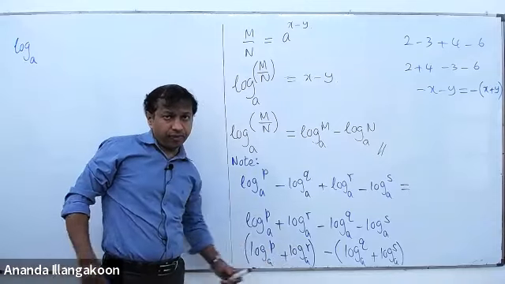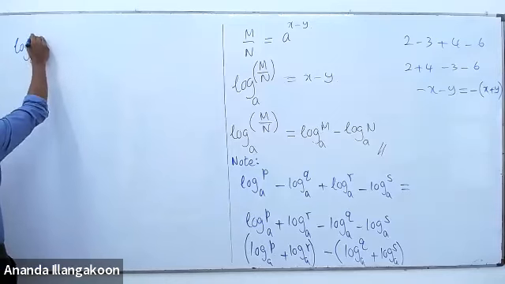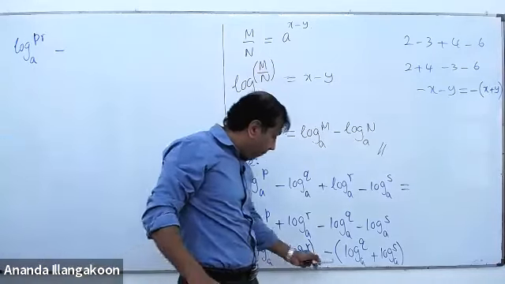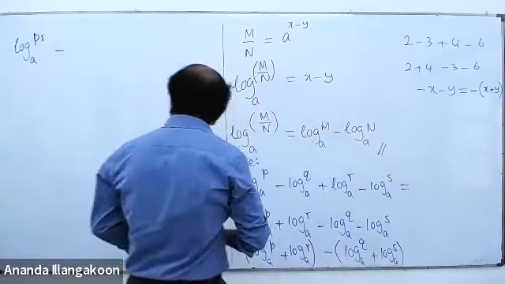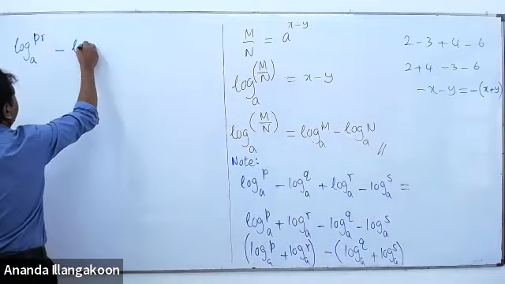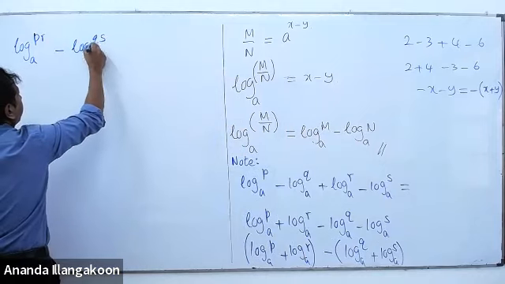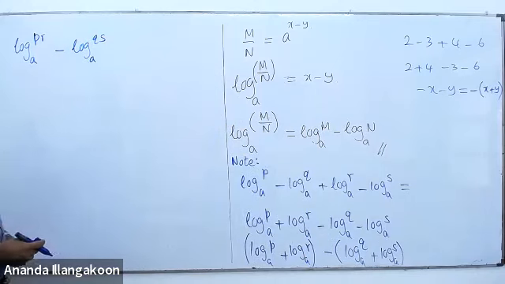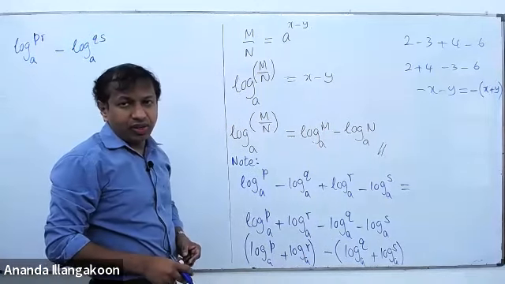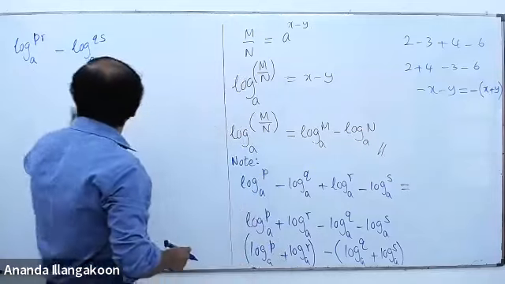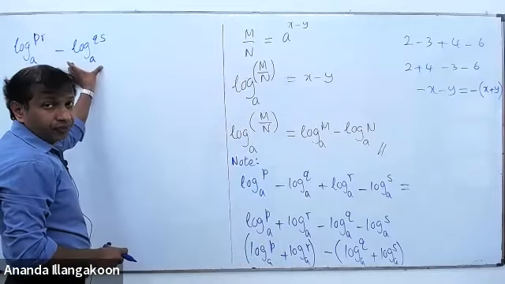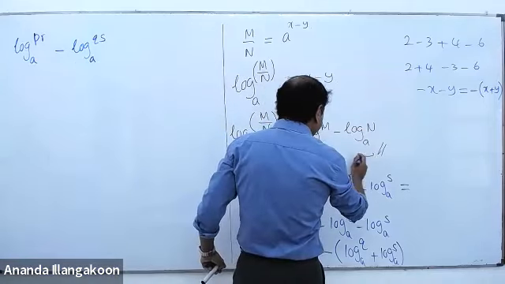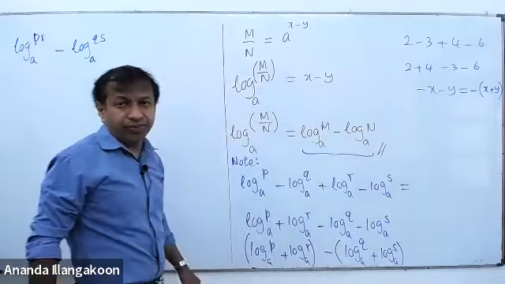P and R, PR, minus log QS, base A, QS, this way. Right. Now what do we have? Now we have here a difference of two log terms. Then this expression is like this, a difference of two log terms.